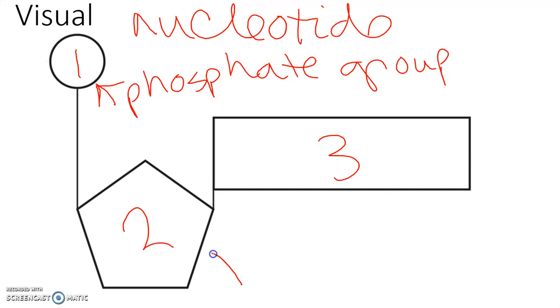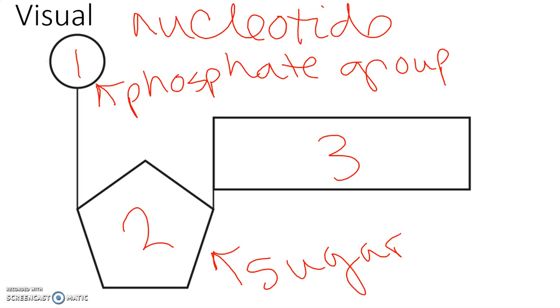And part number 2 is easy to remember because of the shape. So if you look at this, a ring-shaped, pentagon-shaped image, that is a sugar. And if you remember the biomolecule carbohydrate, they typically have this ring-shaped structure. So this is a sugar molecule.